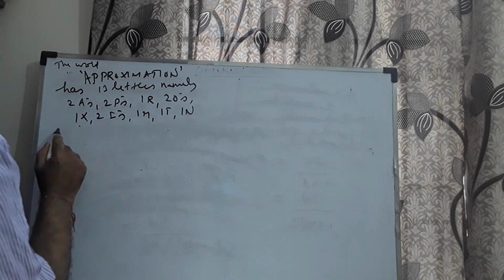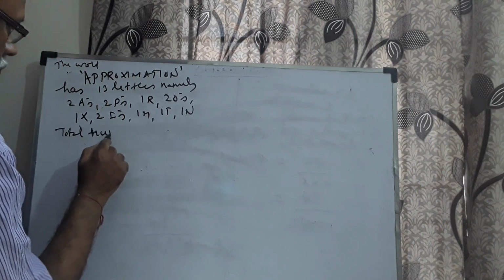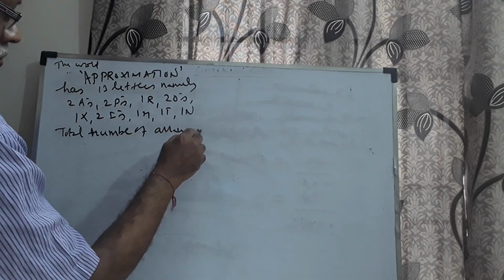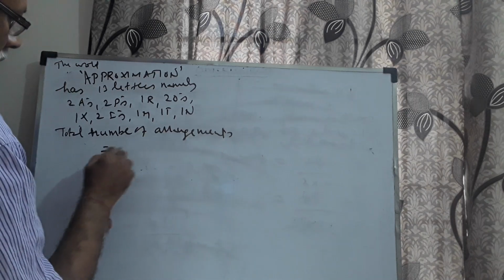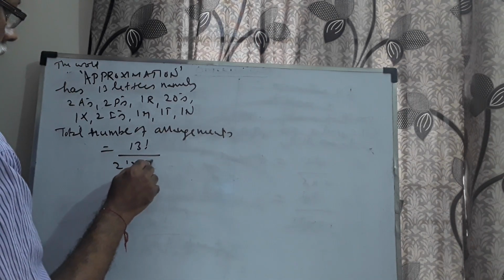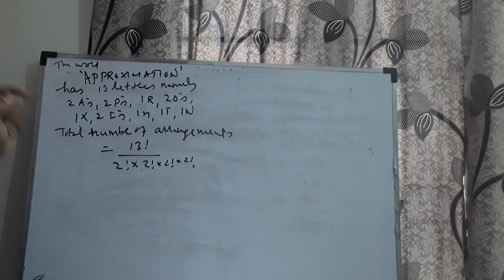It's correct. Now the total number of arrangements here, equivalent to your n of S, is 13 factorial by 2 factorial into 2 factorial into 2 factorial into 2 factorial.